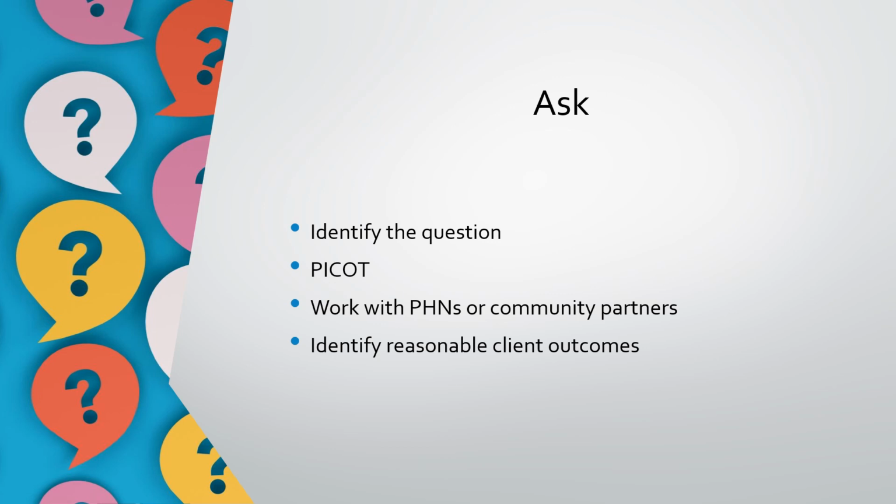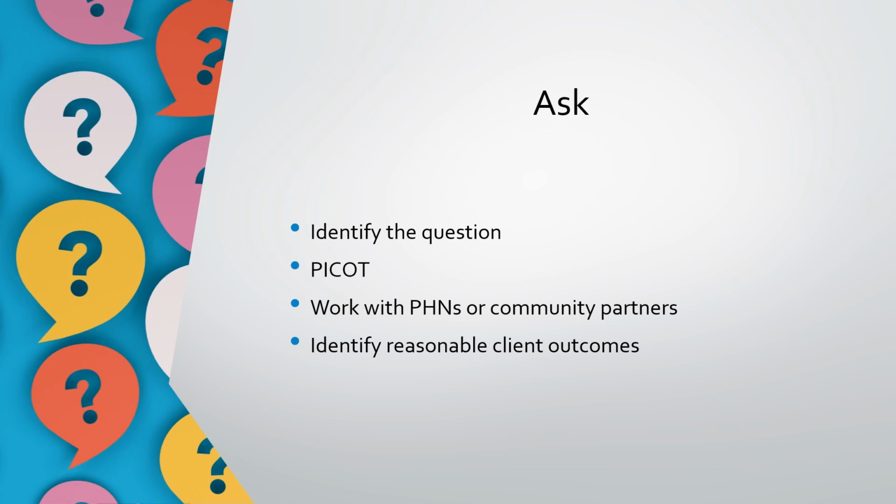When we're working on Ask, we may want to consider working with other public health nurses or community partners to identify what the issue is or what the specific health concern is, or with a specific population. We need to try to determine if there's a gap in service that needs to be addressed.